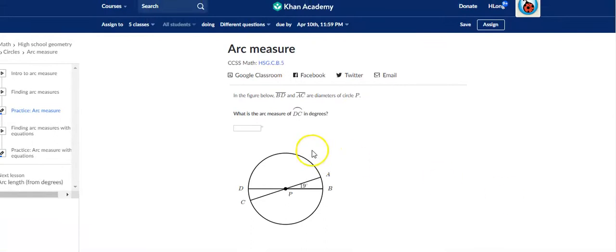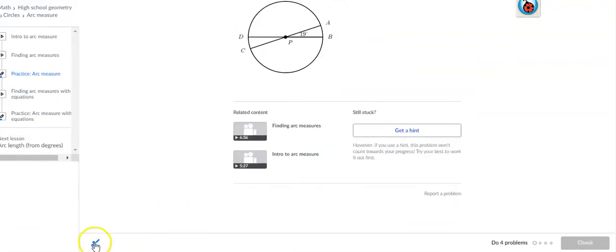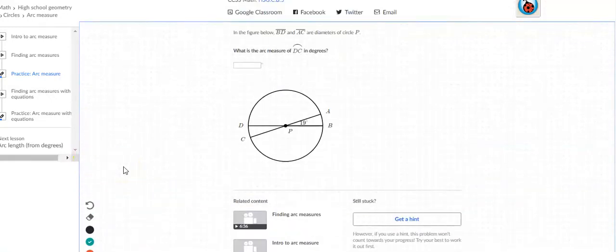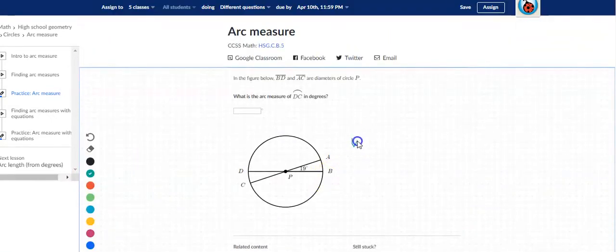And so we're looking here, and it asks us to find DC. It does tell us that BD and AC are diameters, but we actually don't need this. So here, all we need is the fact that we have a vertical angle.